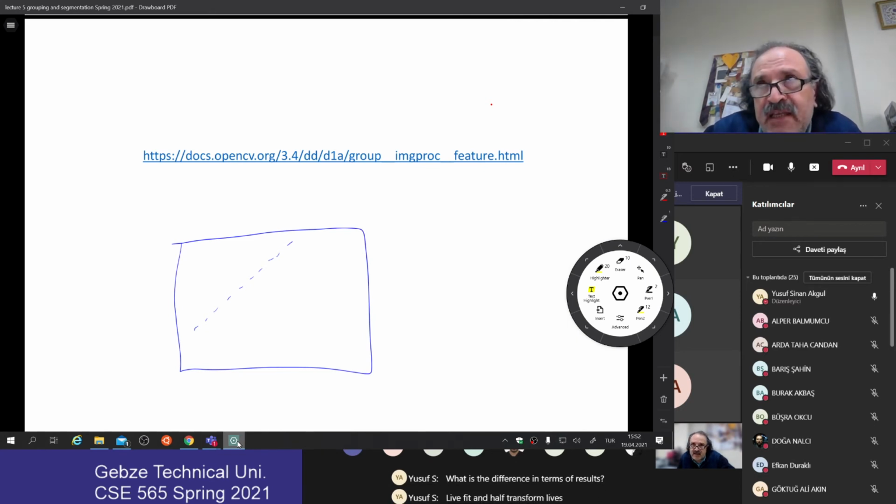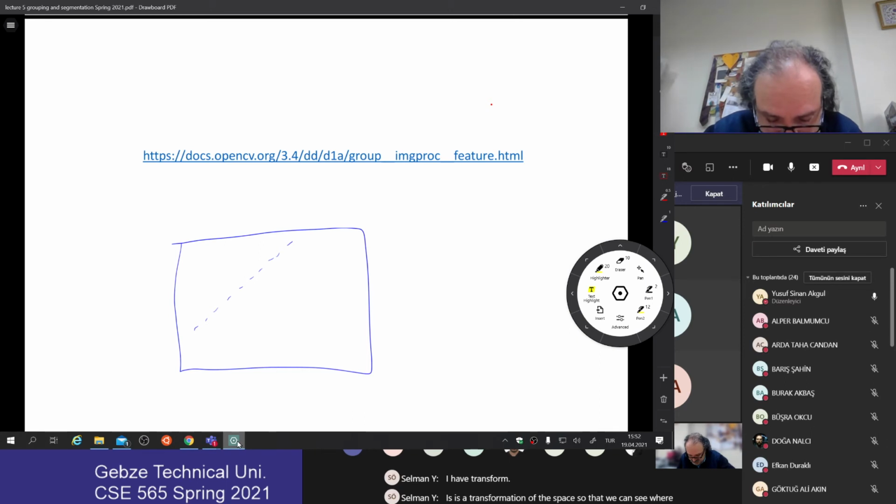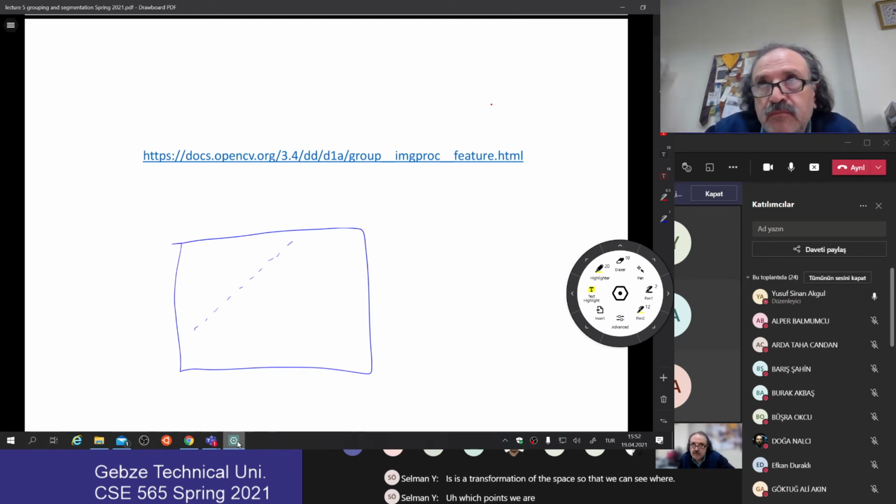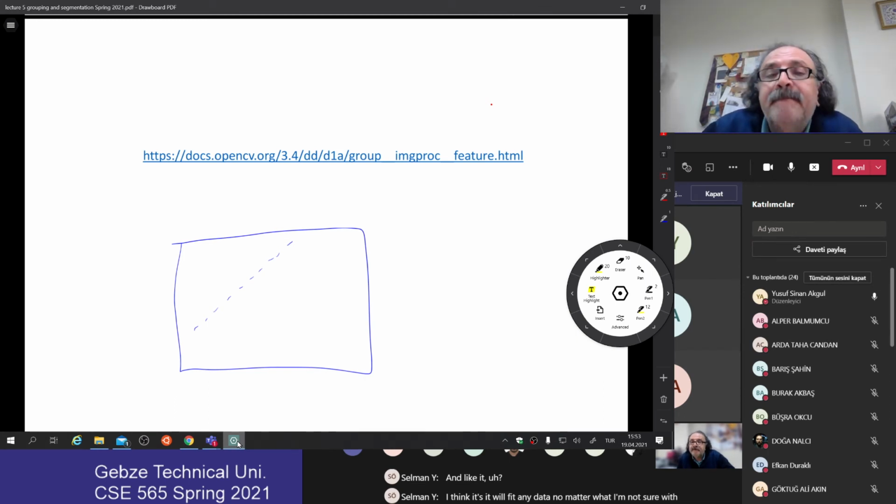Line fit finds a line, Hough transform finds the lines, right? So what is the difference? Hough transform is a transformation of the space so that we can see more clearly which points we are interested in. And line fit, I think it will fit any data no matter what, I'm sure with an error result.